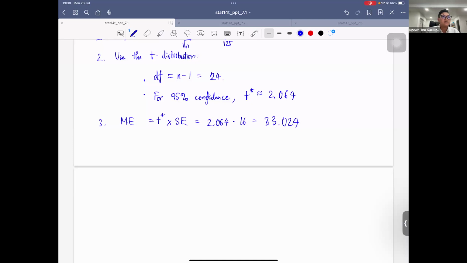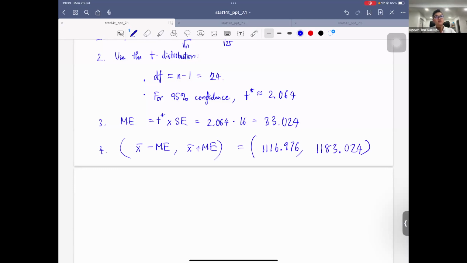We're good. Now we need to construct the confidence interval. The confidence interval formula is x bar minus ME and x bar plus ME. Based on the calculations, the interval is 116.976 and 183.024.